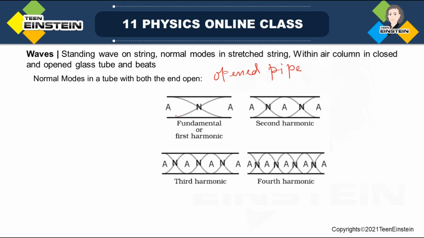When both ends are open, at the end points there will be antinodes, and in the middle there will be nodes. In each and every case, whatever modes of vibration it may be, at the ends there should be antinodes. Since there are antinodes at both ends, we can actually see that all harmonics are produced here.